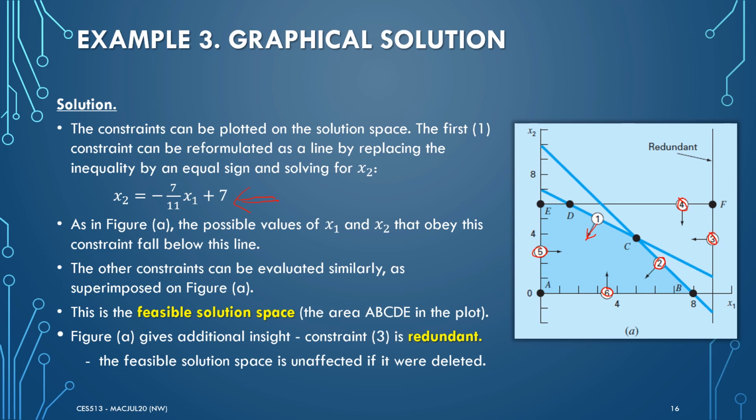This is the feasible solution space, the area A, B, C, D, E in the plot. Figure A gives an additional insight that constraint 3 is redundant. It is called redundant as the feasible solution space is unaffected if this constraint were deleted.